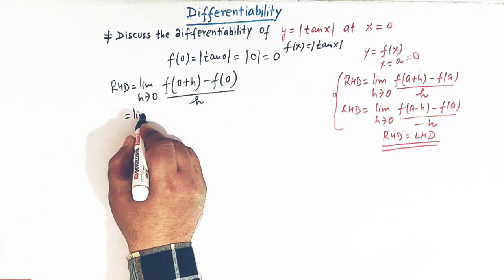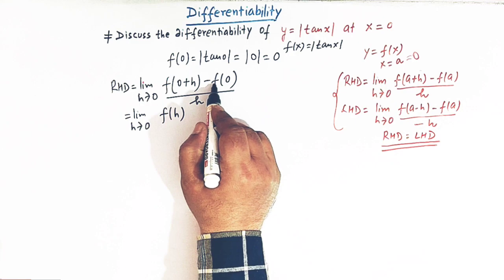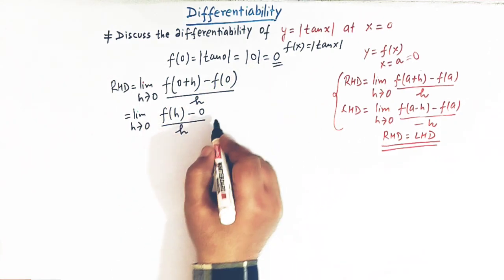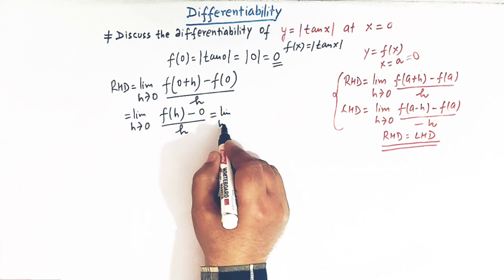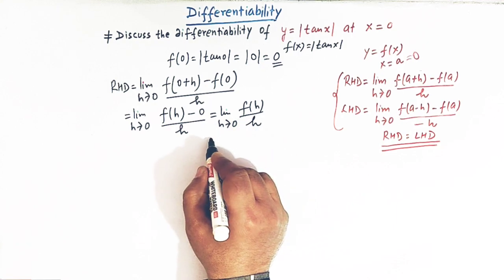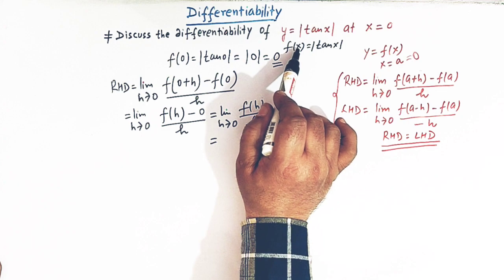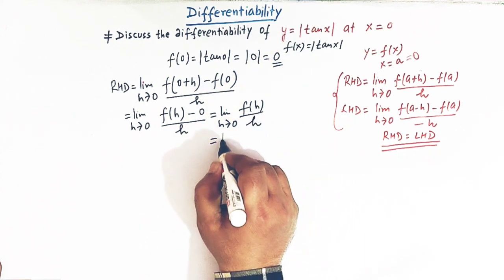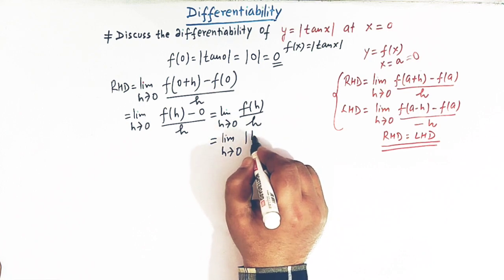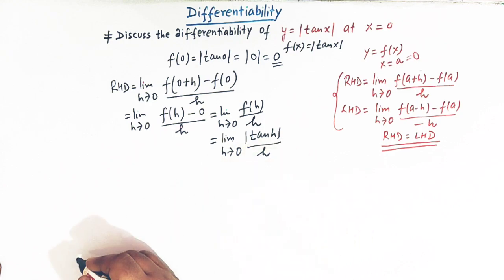This is f of h, and f of 0 is 0, so this is the limit of f of h divided by h. Now f of h is obtained by replacing x by h, so we have the limit h tends to 0 of mod of tan h divided by h, right?